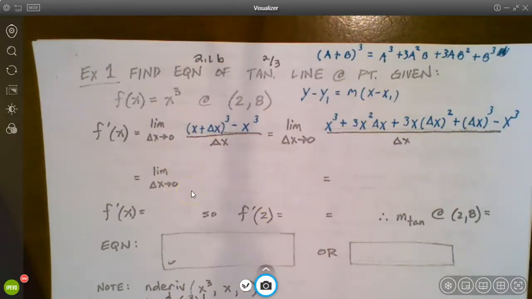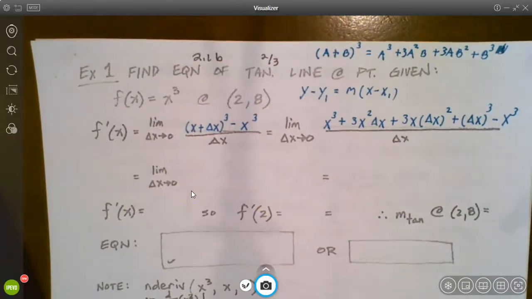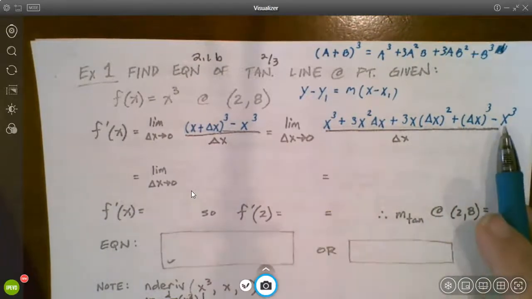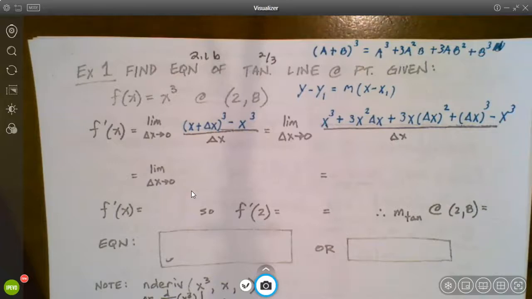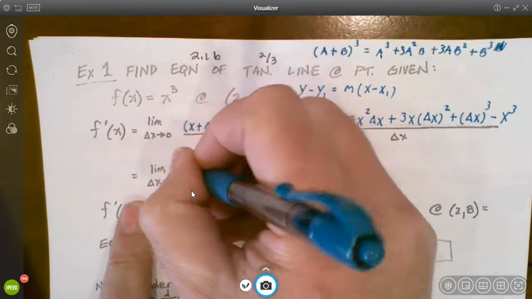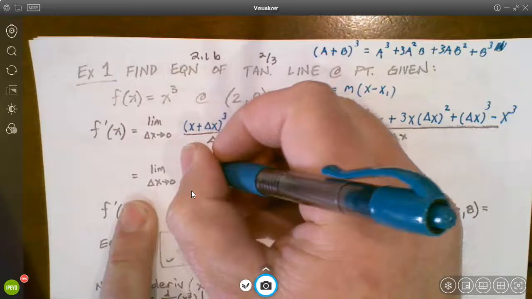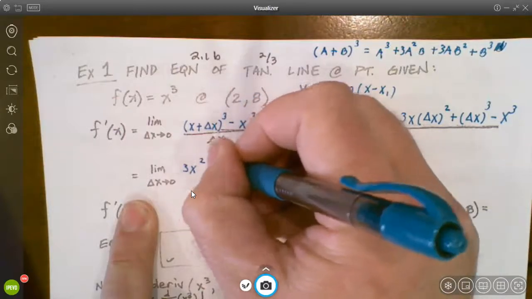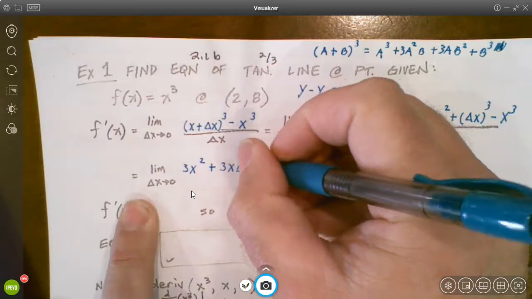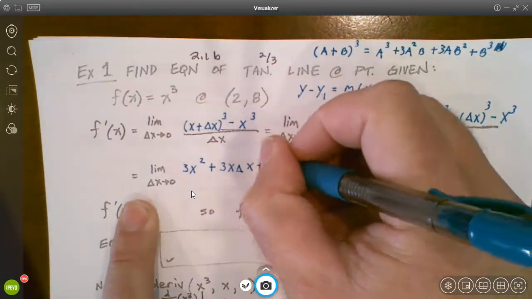So there's what it looks like after we expand. Jump down to this line right here. So we're just going to start combining like terms. For example, you see how the x to the third and the negative x to the third cancel. So if we do a little simplifying up there, we're going to end up with 3x squared plus 3x delta x plus delta x squared.